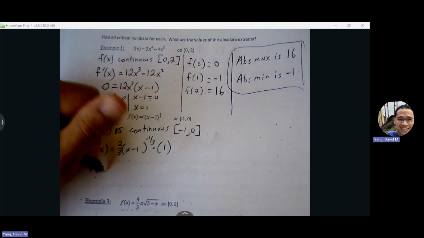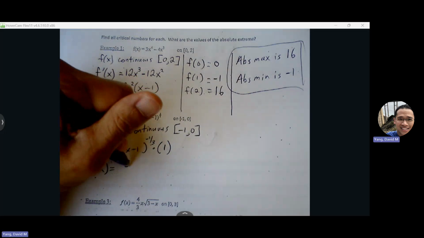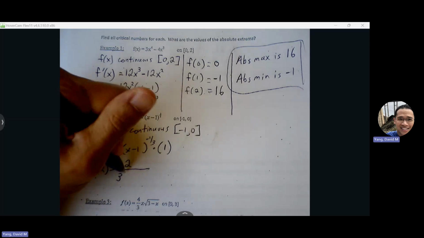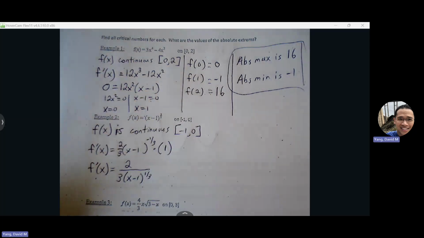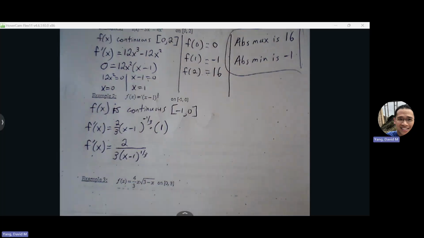Clean up your f prime. 2 stays above, 3 goes below, and the parentheses go below as well. Now, remember, the way you find critical points is you have to consider both the numerator and the denominator separately. It's possible that you don't find anything on one side, and it's okay, but we want to just get into the habit of looking in both locations.